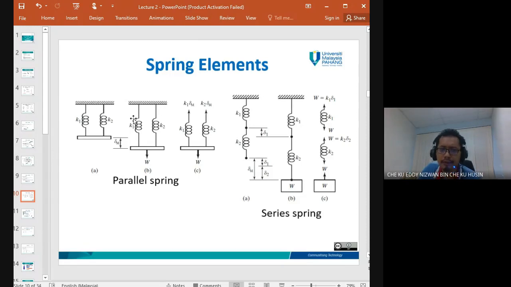The easiest way to understand parallel or series: for the parallel, all the springs are in direct contact with the mass, so the node for this spring and the node for this spring share the same coordinate. That is what we can consider as parallel.